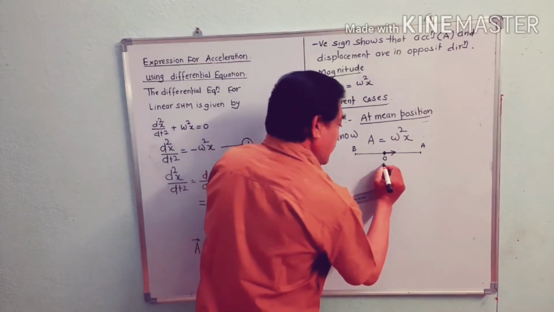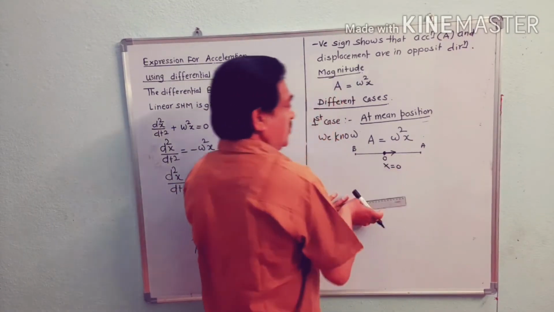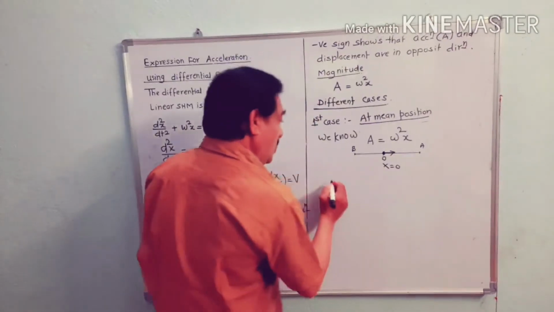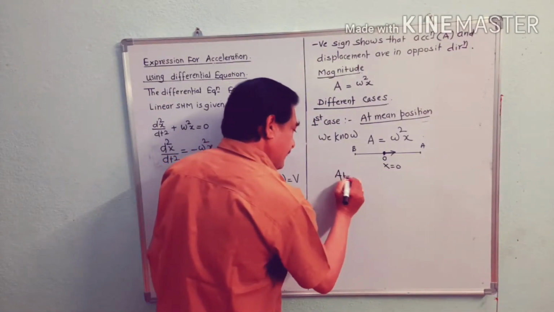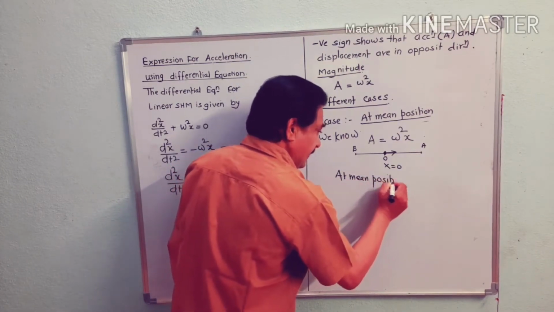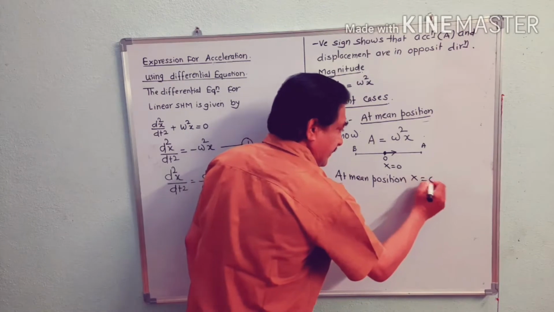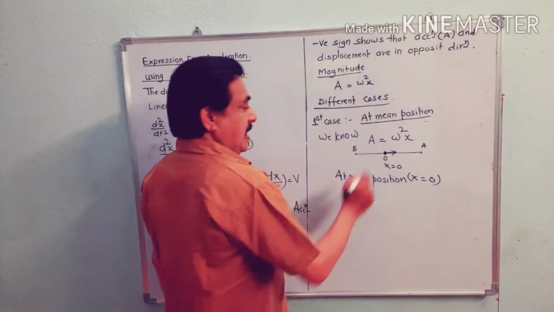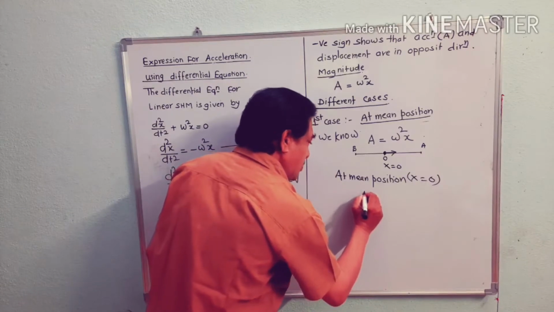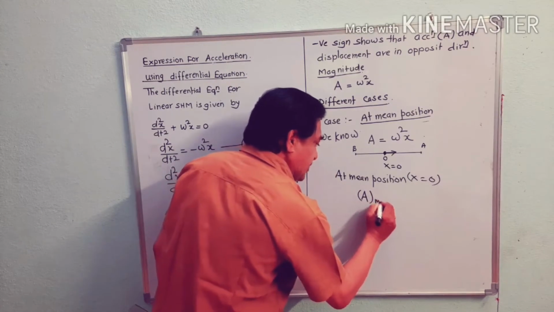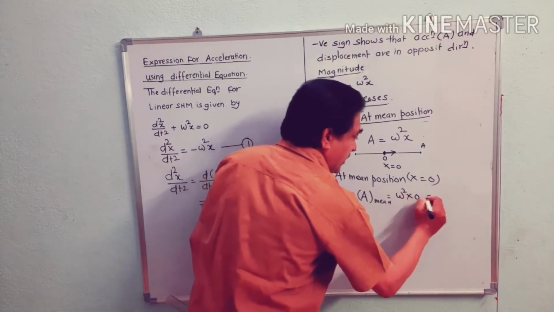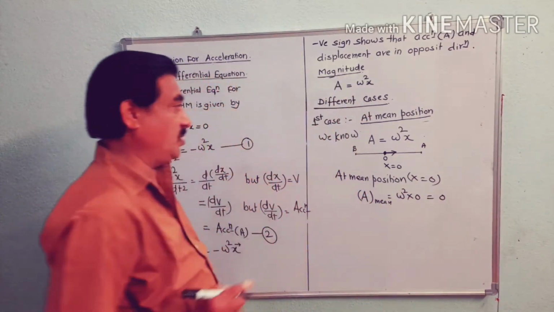So at mean position x is equal to 0. So acceleration at mean position is equal to omega square into 0 is equal to 0.